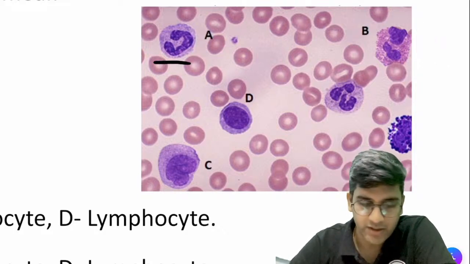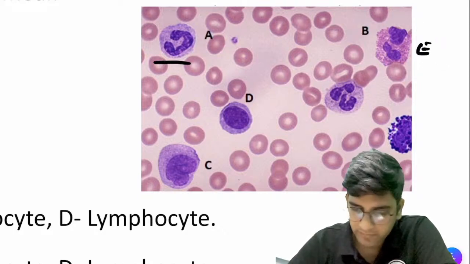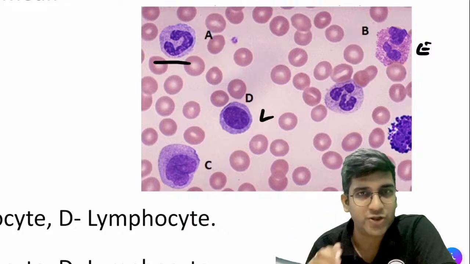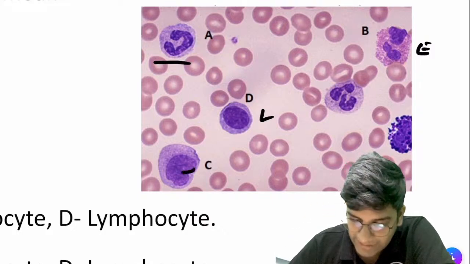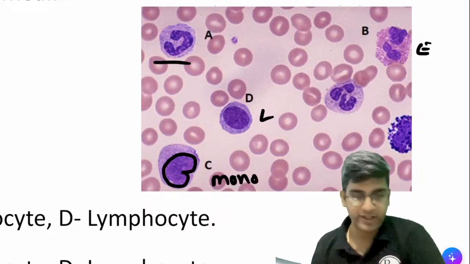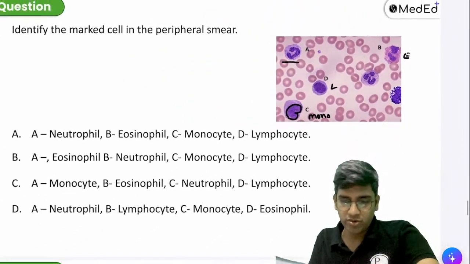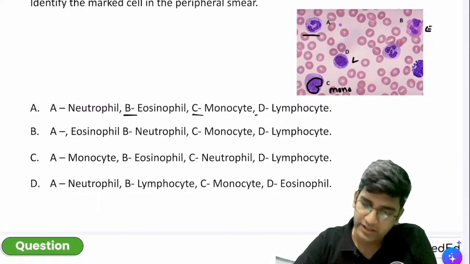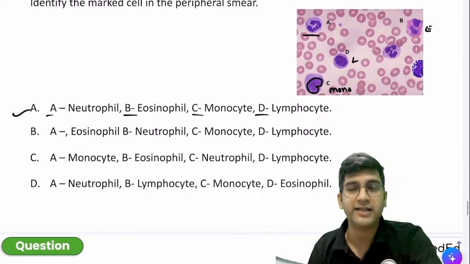That's your eosinophil, right? D is small round cell, single lobated, no granules. That's your lymphocyte. C is your kidney shaped cell. That's your monocyte, right? So A is neutrophil, B is eosinophil, C is monocyte, D is lymphocyte. Option A is the right answer, right?